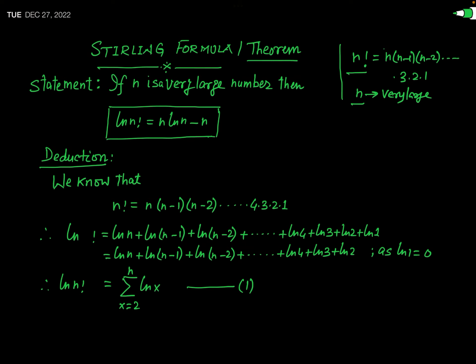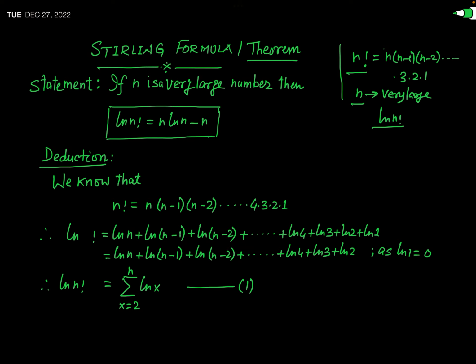To overcome this problem of evaluating n factorial, Stirling devised a suitable analytical approximation of ln n factorial. Remember, this formula will be valid only when n is a very large value.